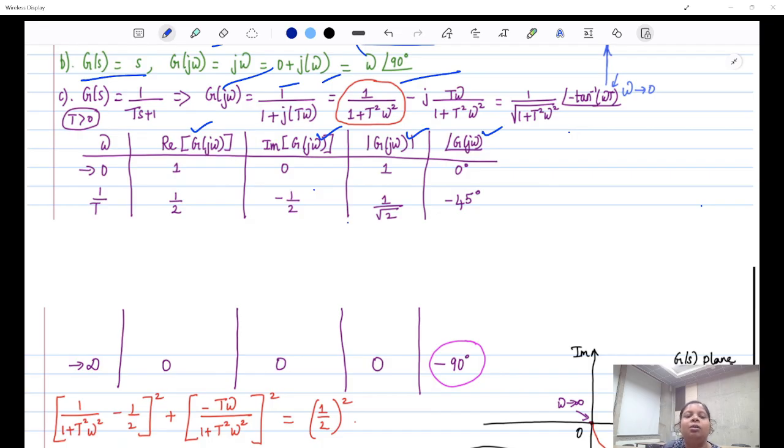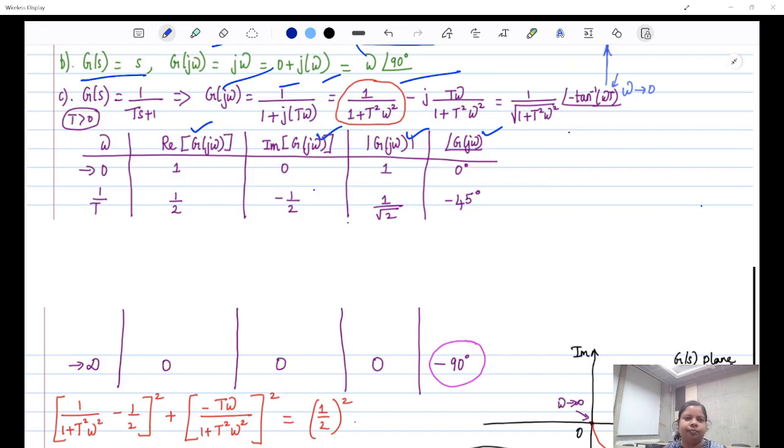You have to find the real part of the transfer function, the imaginary part, the magnitude, and the angle of the transfer function at omega equal to 0, omega equal to 1 by T, and omega equal to infinity. That is all. If you have this much information, you can construct the complete Nyquist plot just based on this information. That's it.